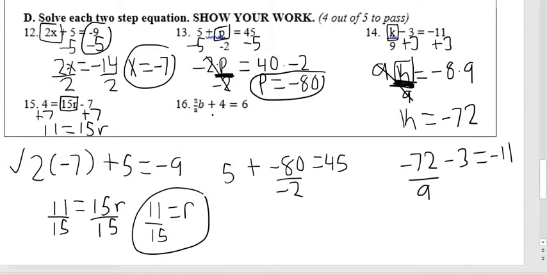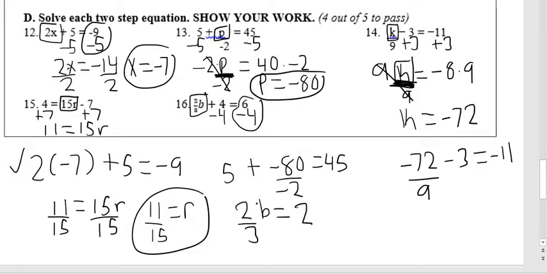Okay, the last one on this, number 16, on this section of solving two-step equations, we have 2/3 times by b plus 4 equals 6. Our first step is going to be to get rid of the plus 4 by doing a subtract 4 on both sides. So that's going to leave us with 2/3 times by b equals 6, subtract 4, which is 2.